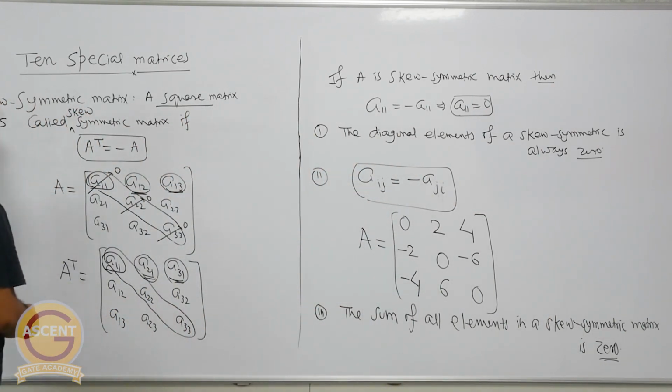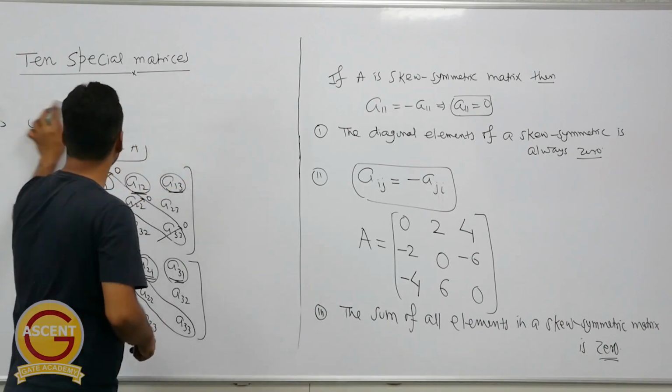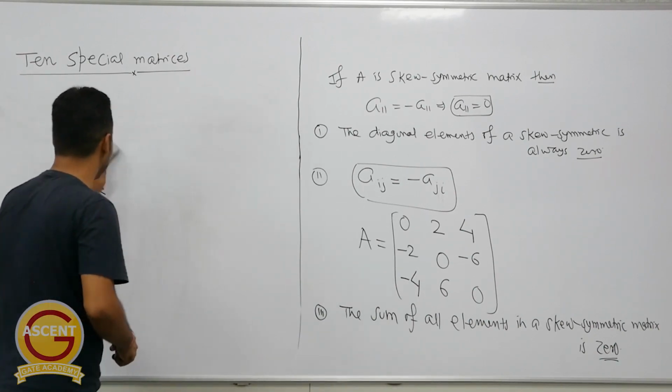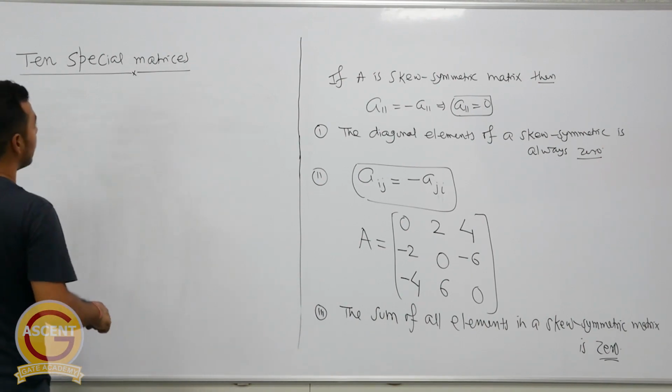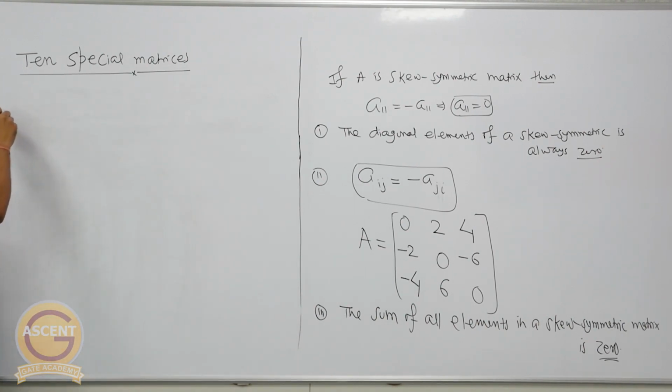Now after this, we have to talk about some of the properties related with symmetric and skew symmetric matrix. Till now we have discussed the properties separately. Now the next thing that we have to discuss is the properties of symmetric and skew symmetric matrices.